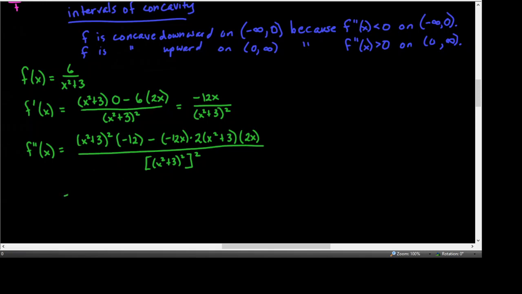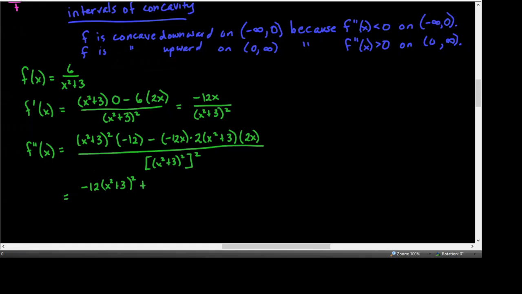Okay, so let's do a little bit of simplification. What I'm not wanting to do is that squaring, so I'm trying to avoid that. Minus a negative, so that'll be plus.